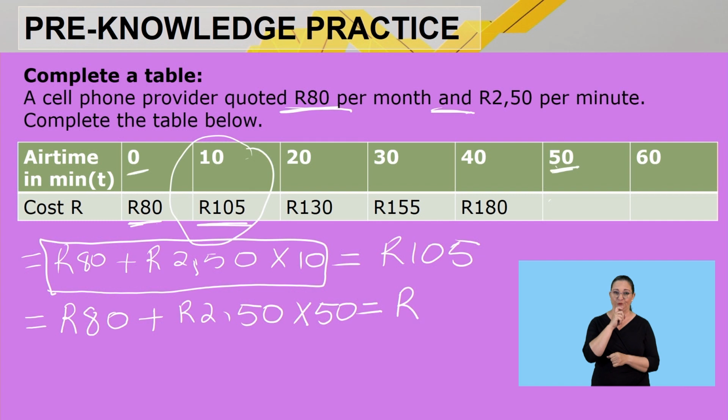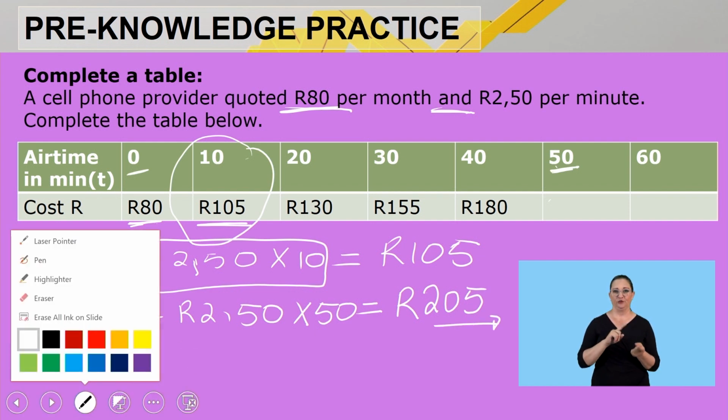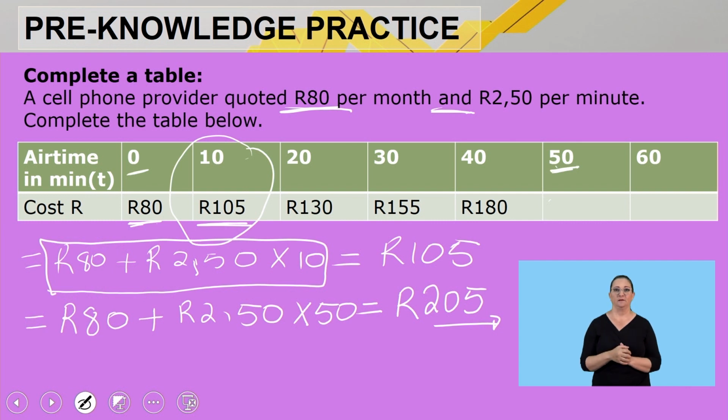So now let us multiply that so that we can find our total amount that will be paid for using 50 minutes. If you multiply that, it will give you 205 rand. Now, let me just change that to black so that it will be visible. So we have 205 rand.